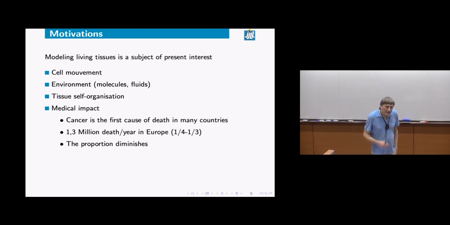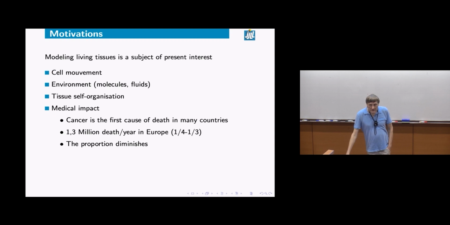Of course, in terms of medical impact, you know that for what we call advanced countries, Singapore is one of them, cancer is now the first cause of death. In Europe, 1.3 million people die from cancer every year.